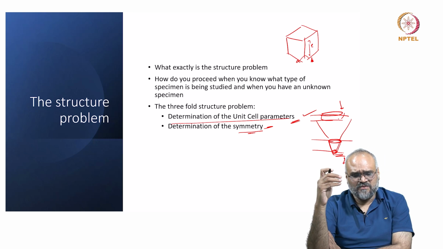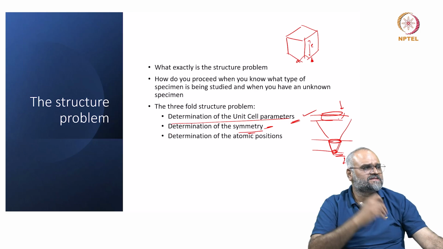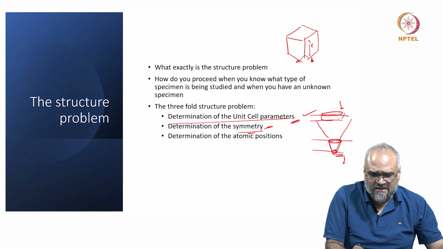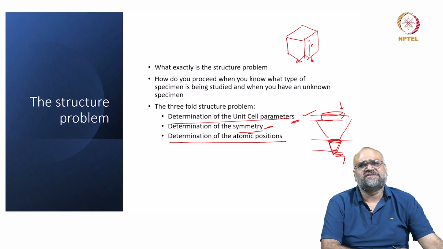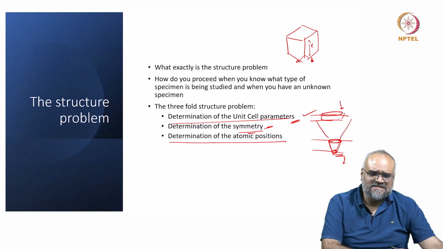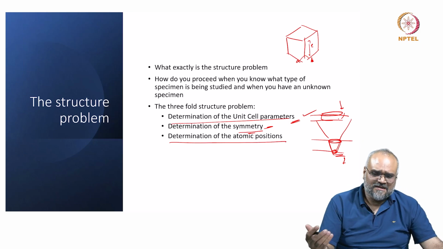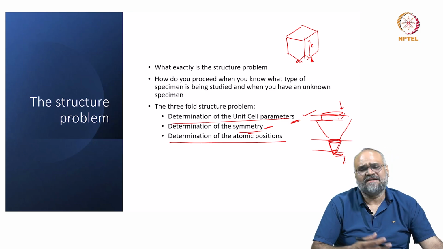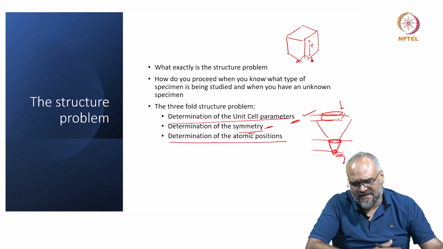But for now, please understand that within the transmission electron microscope, you can determine exactly where the atomic positions are through direct imaging, by imaging in TEM mode, where you get high resolution electron micrographs, and then you do exit wave reconstruction.